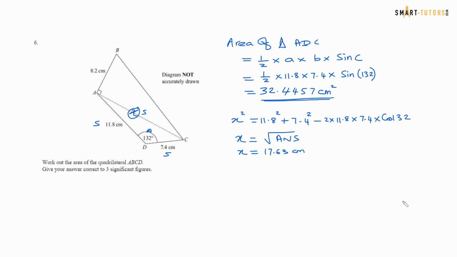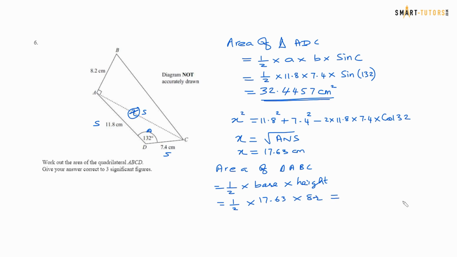If you see, this is a right angle. Right angle means the area of ABC is half base times height. This is the right angle triangle, so we don't need to use the sine rule. We can use half times base, which is the x we found, 17.63, times height, which is 8.2.